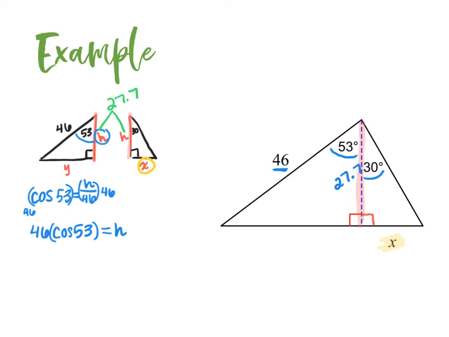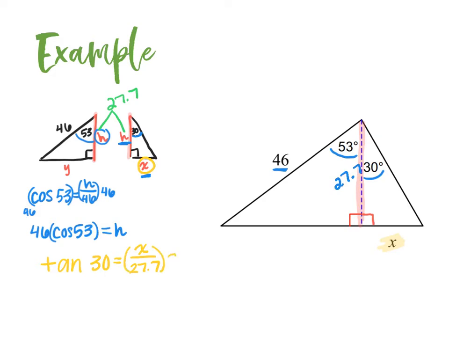If I look at this triangle right here, h is adjacent, x is opposite. So then the tangent of 30 is going to equal opposite, or x, over adjacent, or 27.7, because h is 27.7.